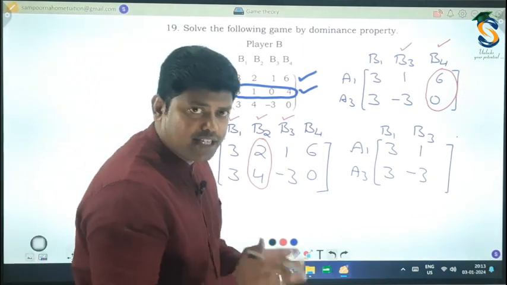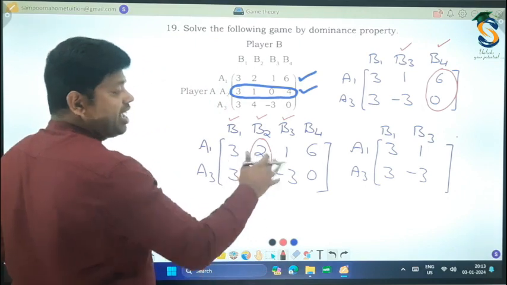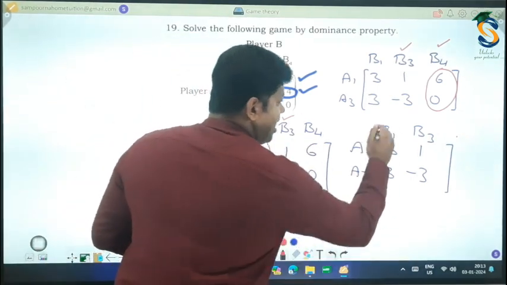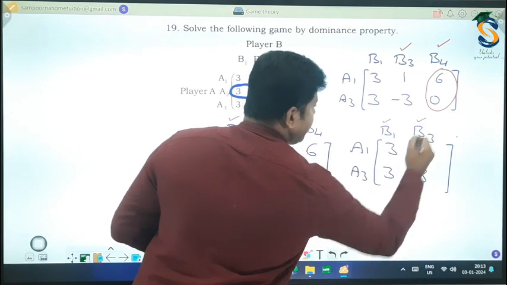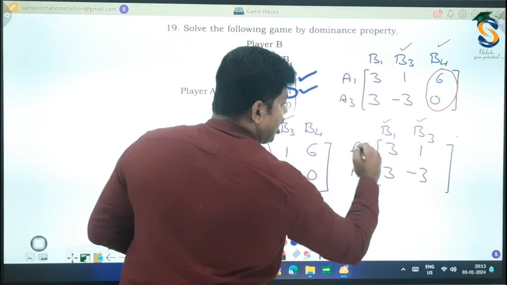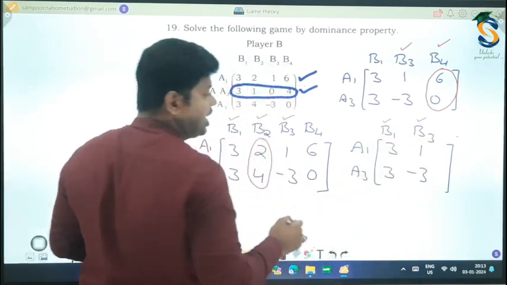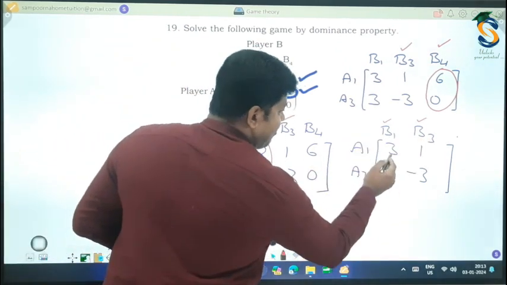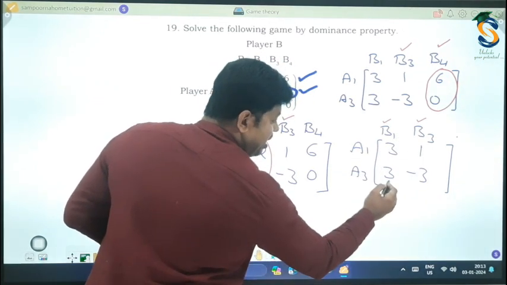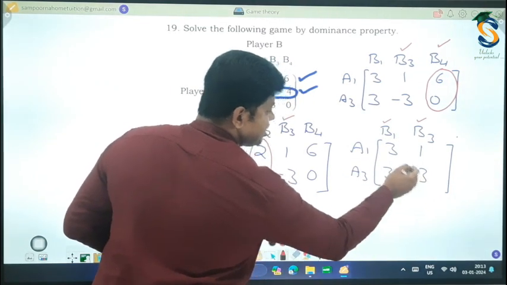What's the choice, my dear students? I think my choice will be column wise. Again, as I said, it is a trial and error method, your choice. So now I am comparing column wise B1 and B3. Each element of B1, that is 3, is greater than 1. Again, the other element of B1, that is 3, is also greater than minus 3.